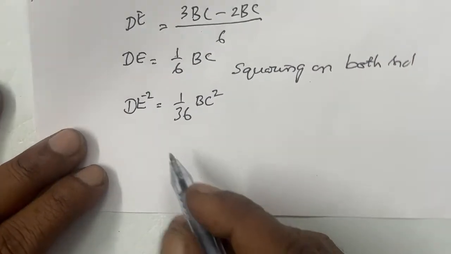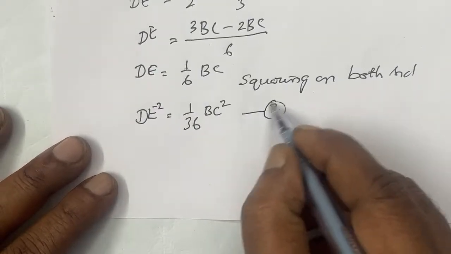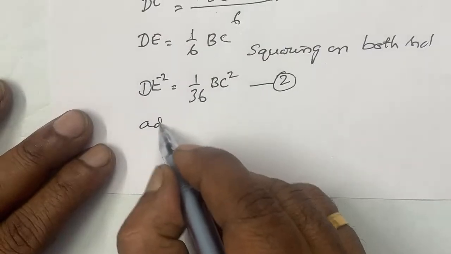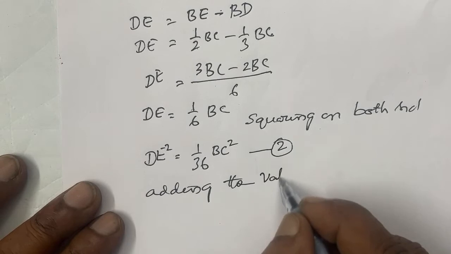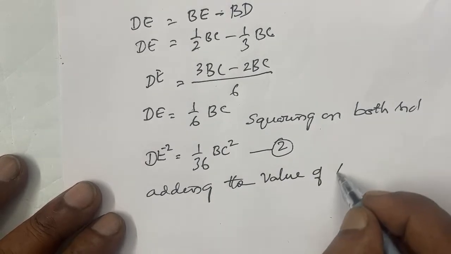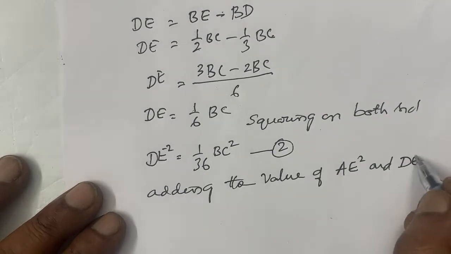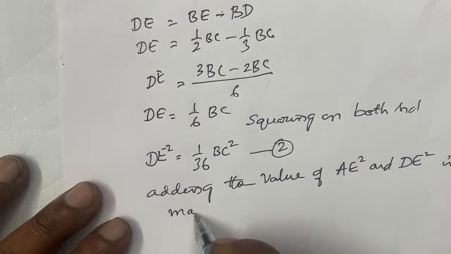So I got both the values now. This is equation 2, and now adding the values of AE square and DE square in the main equation.